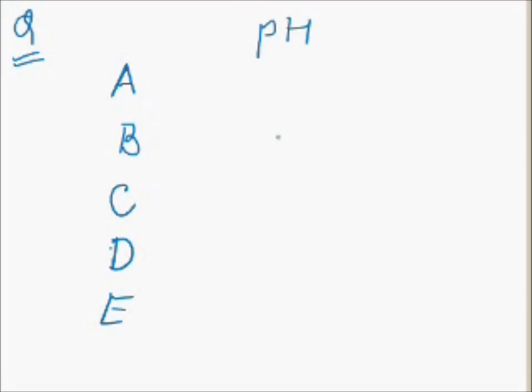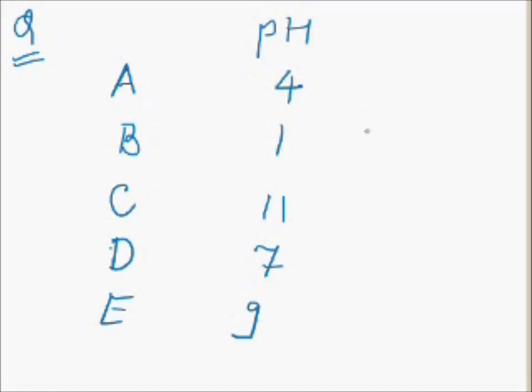Now we will discuss another question. This question says 5 solutions A, B, C, D and E when tested with universal indicator showed pH as 4, 1, 11, 7 and 9.